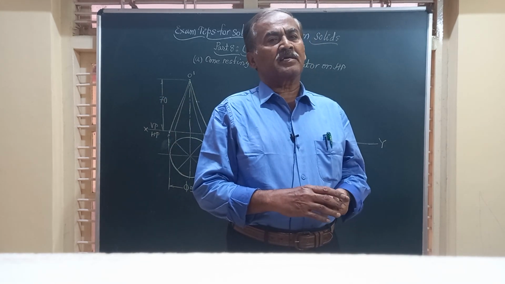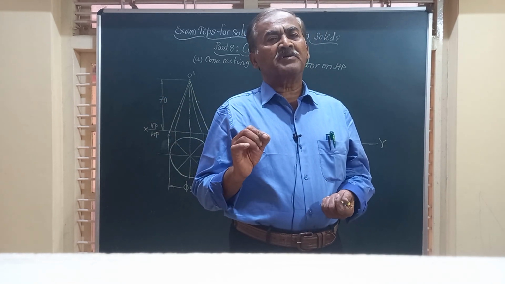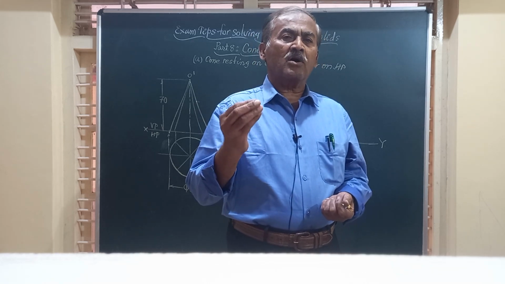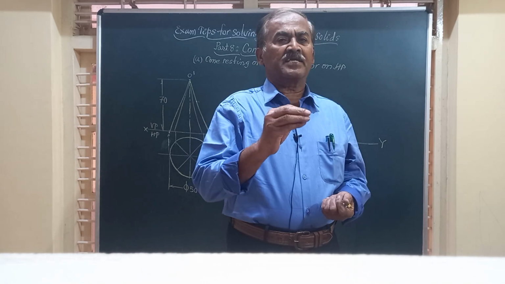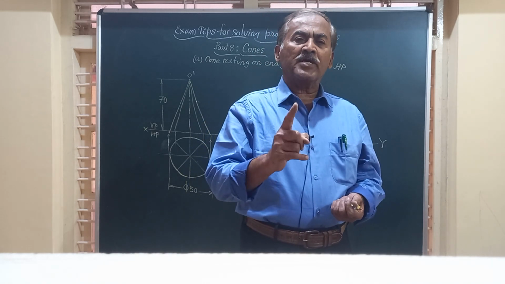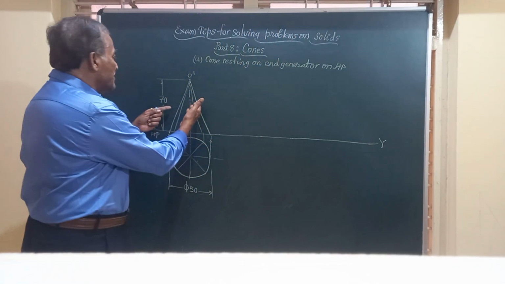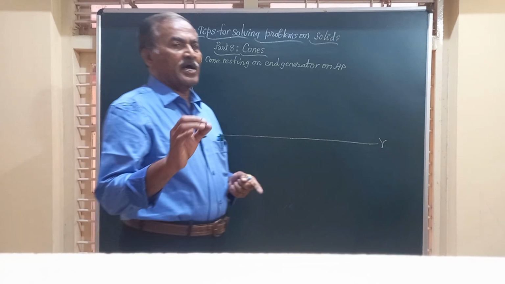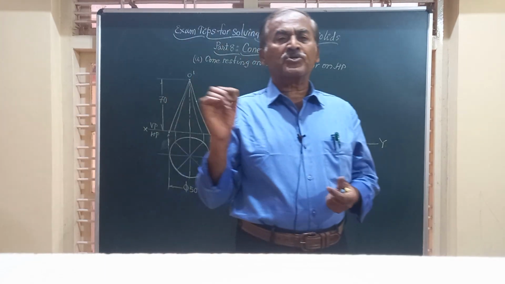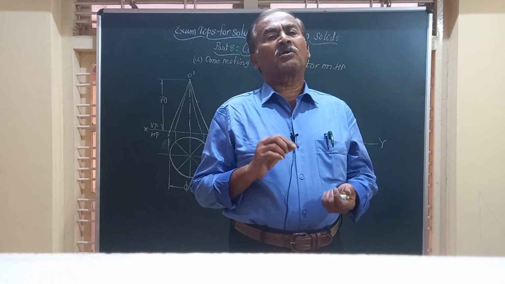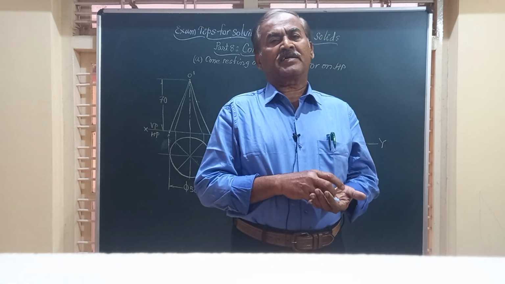Generally, an important tip is that whatever may be the position of the cone in the second tilt, in the first position it is going to be a triangle in the front view and a circle in the top view. And friends, this portion of the question will fetch you one third of the total marks allocated.